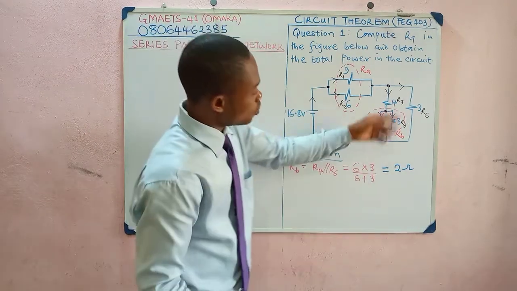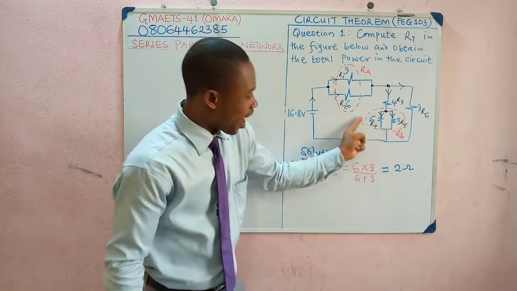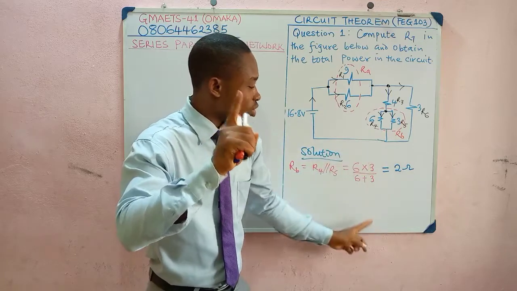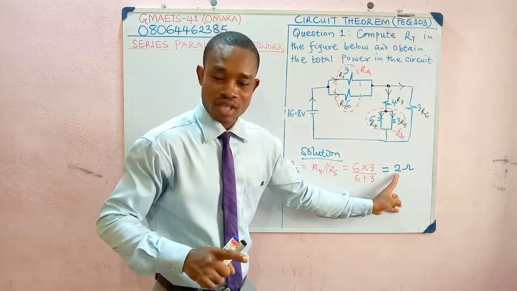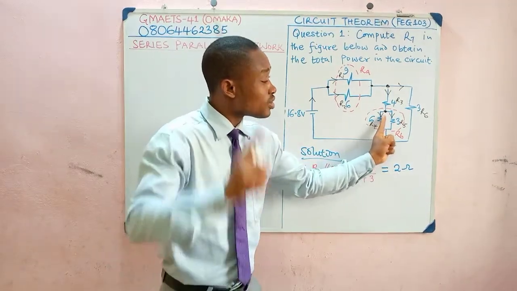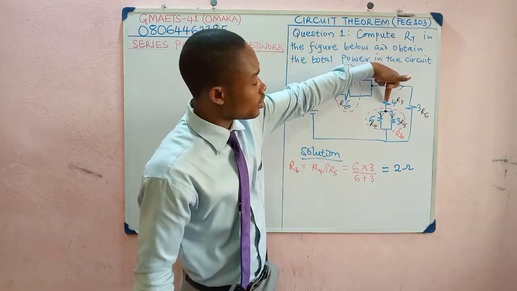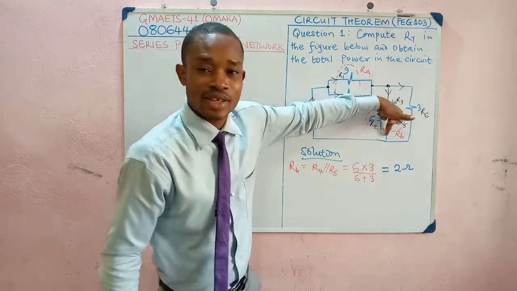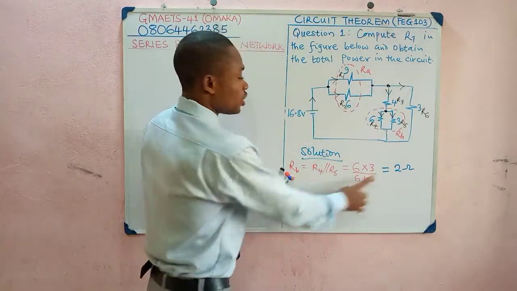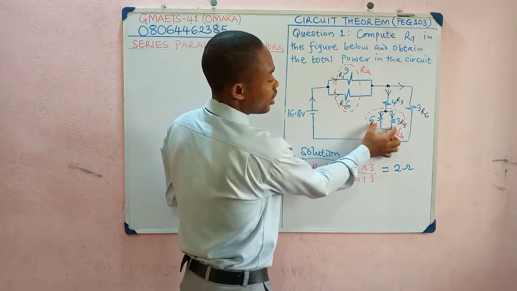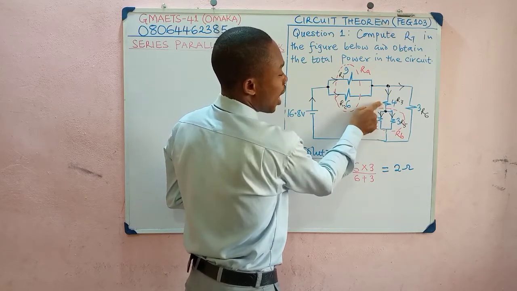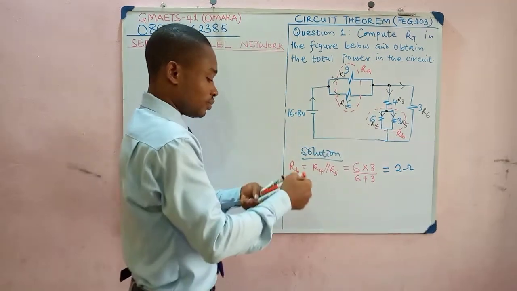Now we have gotten this. Do you notice that once you resolve these parts, you get one resistor which is 2 ohms value. That resistor, since it is only one, it will now be linked with this 4 ohm resistance serially. Which means that RB, which is 2 ohms for these two solved together, is in series with our R3, which is 4 ohms.